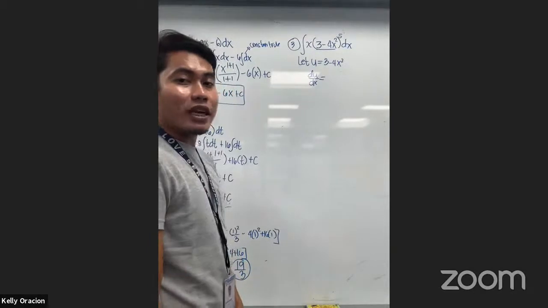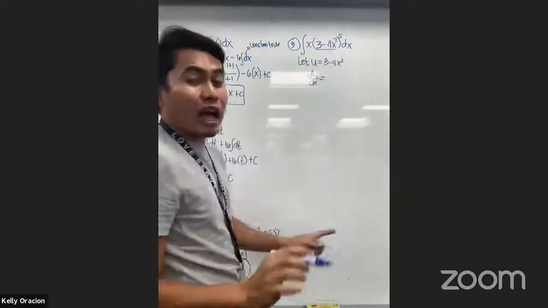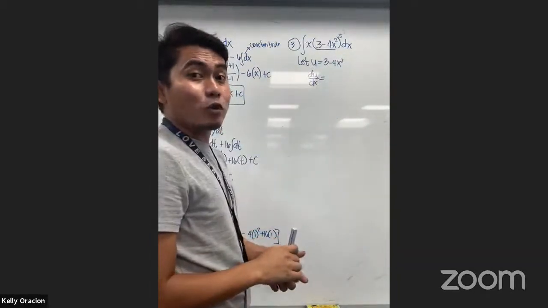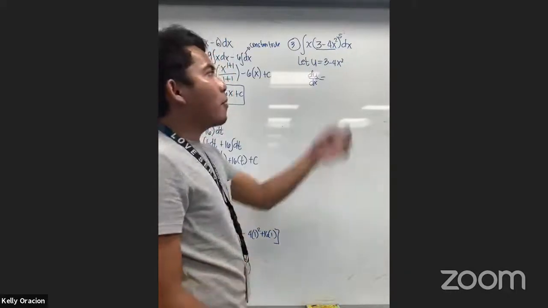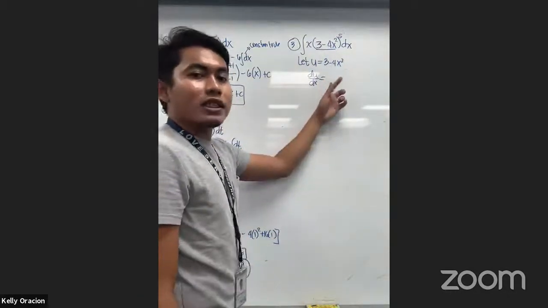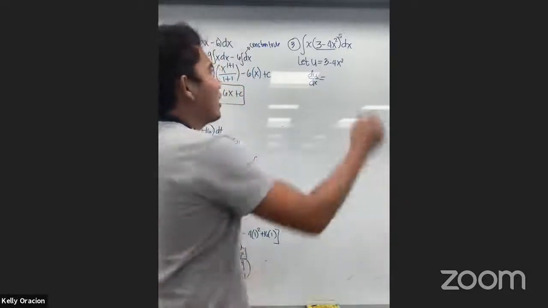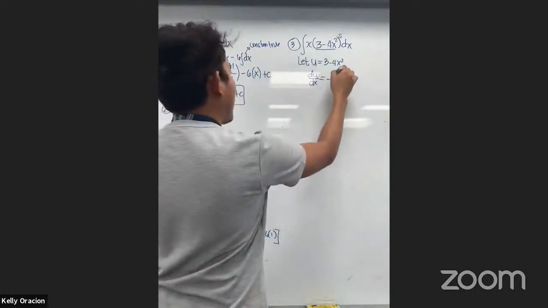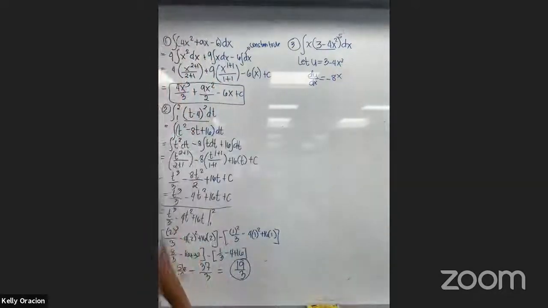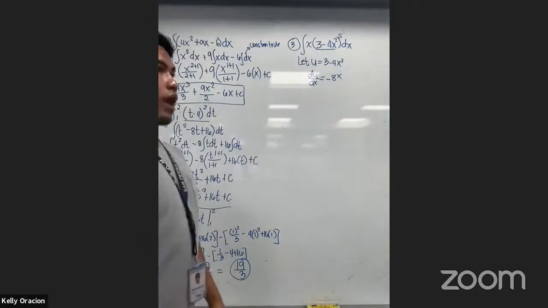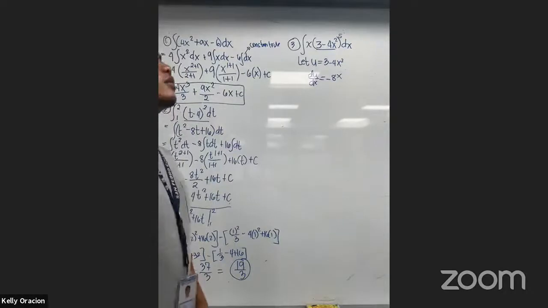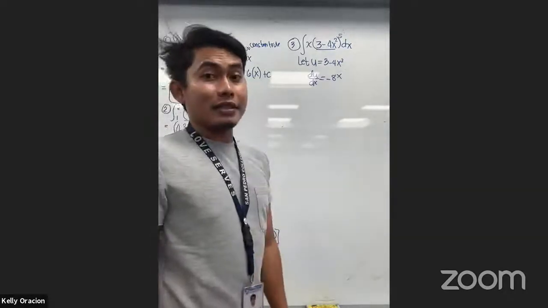The answer is 0. So that's what we put. The derivative of 3 is 0. How about the negative 4x squared? What's the derivative of negative 4x squared? The answer is negative 8x.